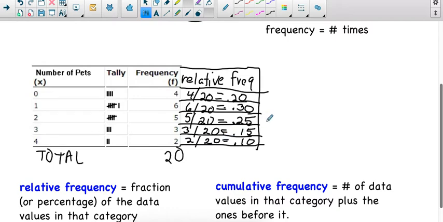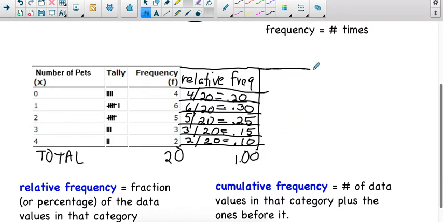These are my relative frequencies, and you could think of them as decimals, or you could write these as percents as well. When I add all of these up, I'm going to end up with the sum of all my relative frequencies being 1. And that's not a coincidence.